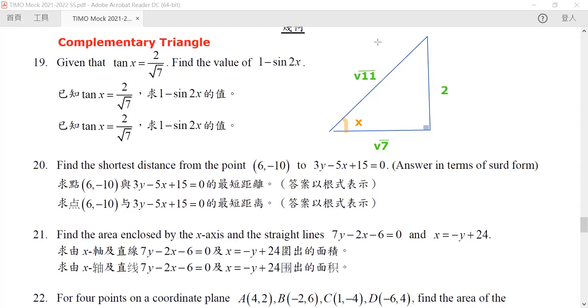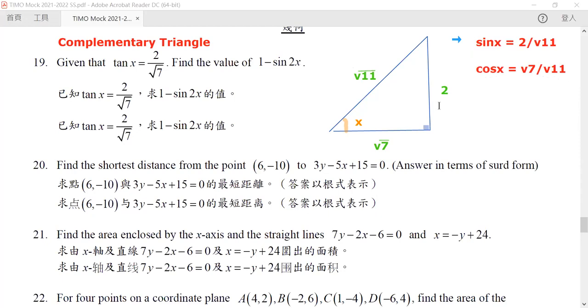Once we recognize it, we can immediately find that sine x must be equal to 2/√11, and cosine x must be equal to √7/√11.